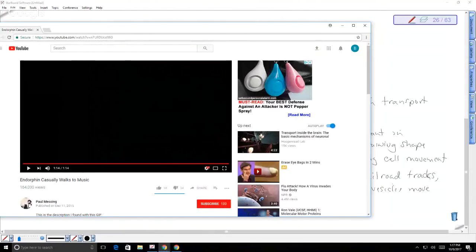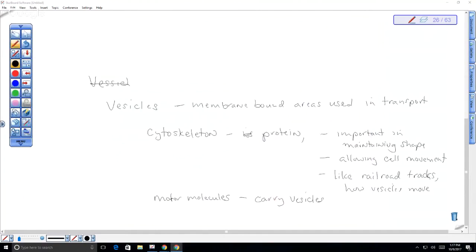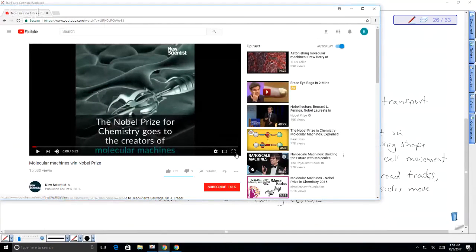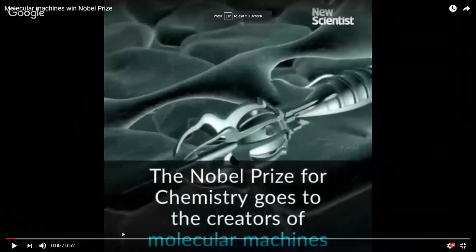So interestingly, chemists are trying to come up with new molecular machines. So can we synthetically produce molecular machines? And so here's an example of a molecular machine that was produced by the people that won the Nobel Prize.